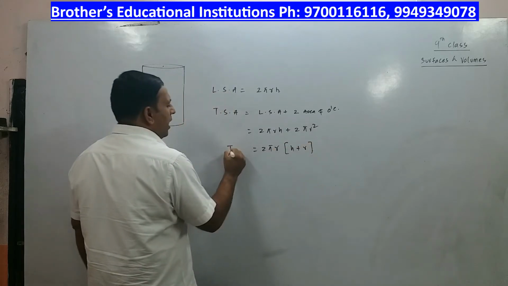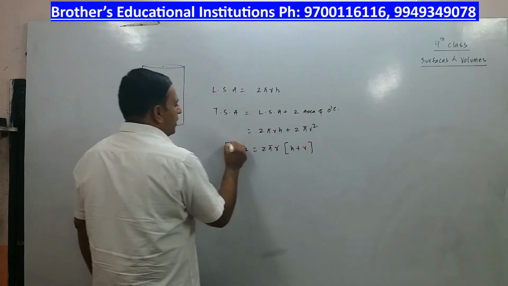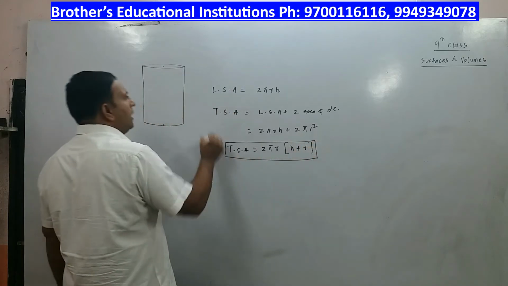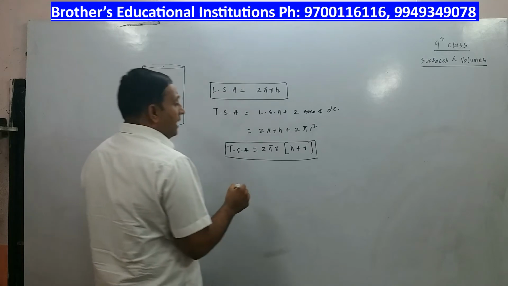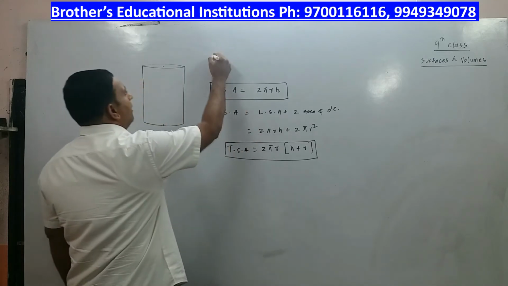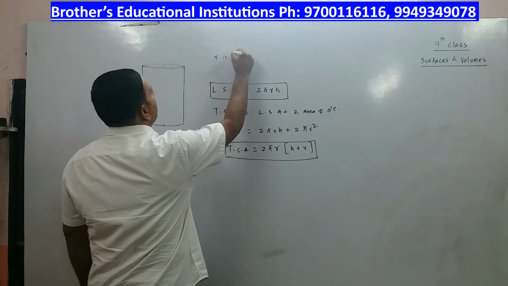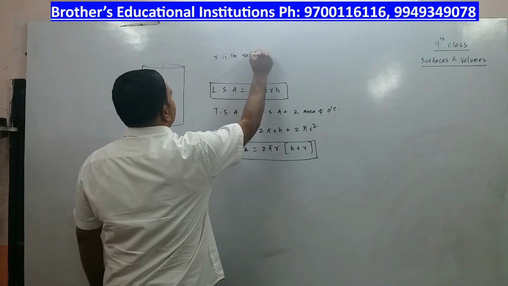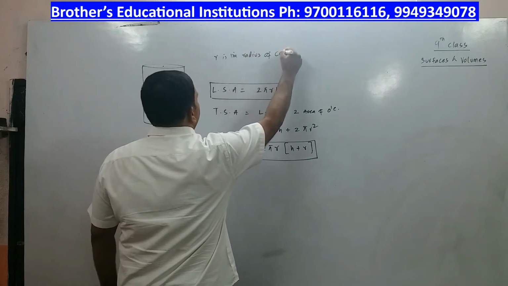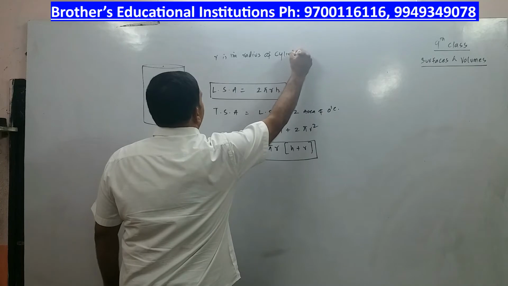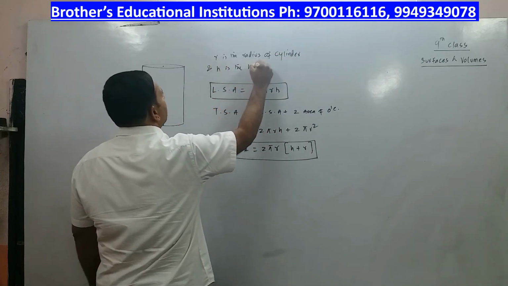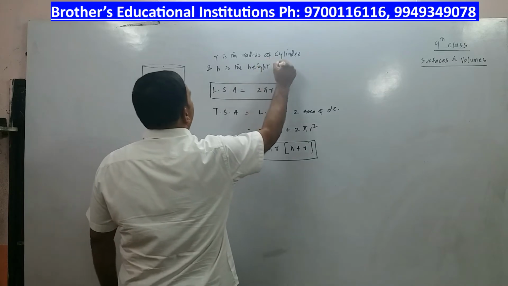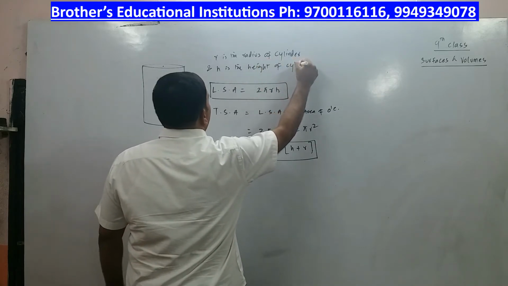So this is the formula to calculate the total surface area of a cylinder, and this is the formula to calculate the lateral surface area of a cylinder, where r is the radius of the cylinder and h is the height of the cylinder.